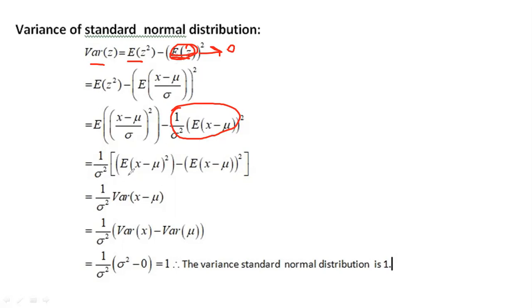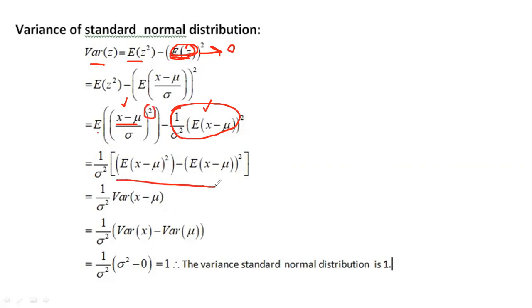So 1 by sigma square. From this one I take 1 by sigma square out, and we are left with the expectation of x minus mu whole square. Even if we keep the other term also, we take 1 by sigma square common from the first part and from the second part. So we are left with expectation of x minus mu whole square minus expectation of x minus mu whole square.